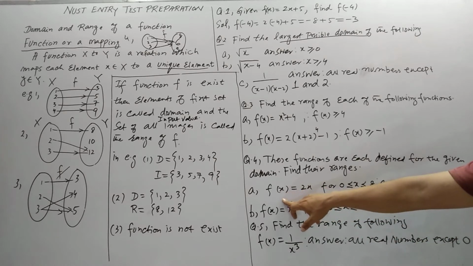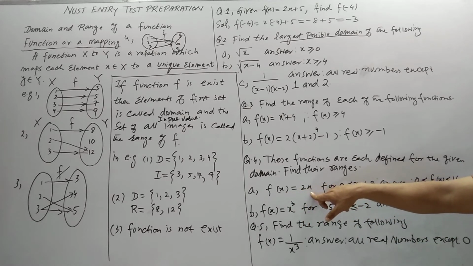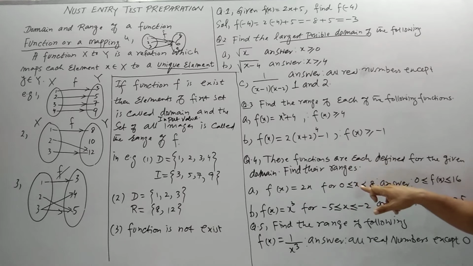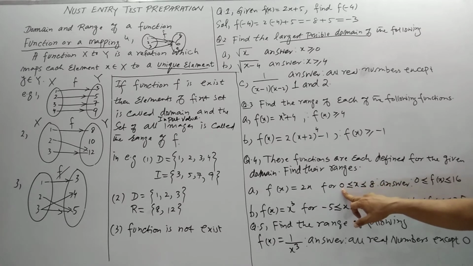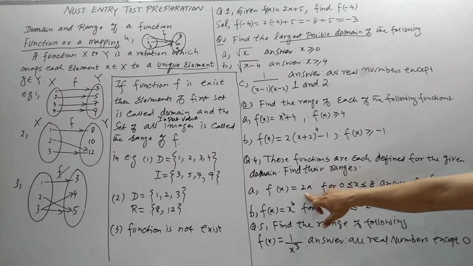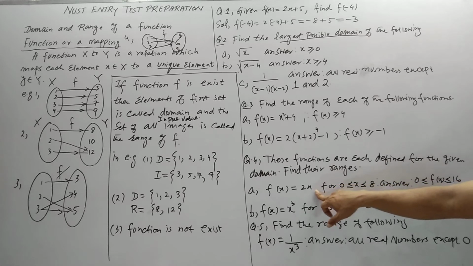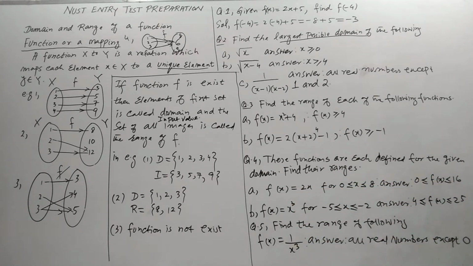The function is f(x) = 2x, and the domain is given from 0 to 8. So what should be the range? Very easy. If you put the starting value 0, 2 into 0 is 0, therefore the starting point of the range is also 0.